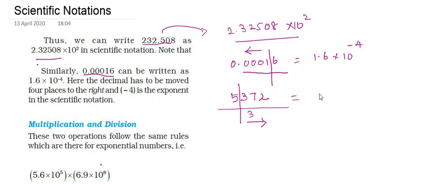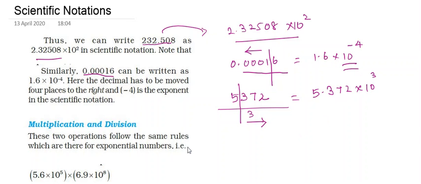So we write 5.372 into 10 power 3. When you go towards the right, you put a positive power of 10. When you go towards the left, taking a single digit before the decimal like this, then you have to put a minus, as in minus 4. Do you understand this?